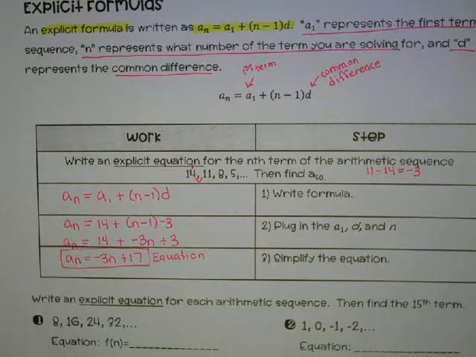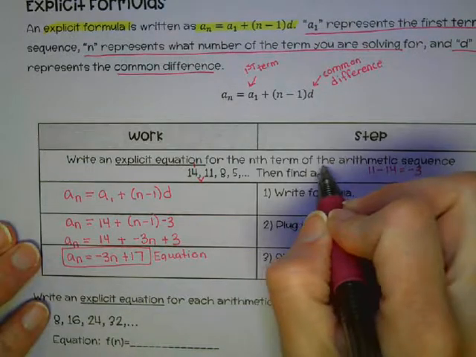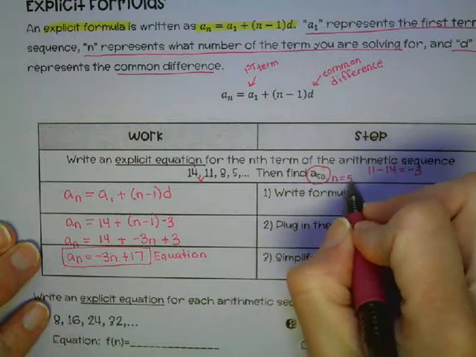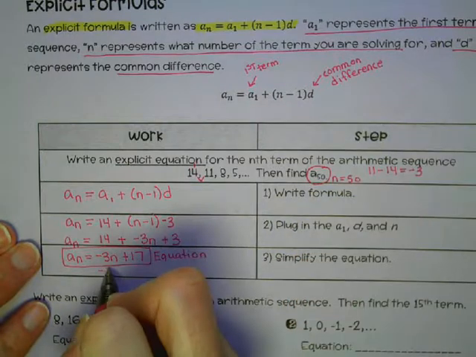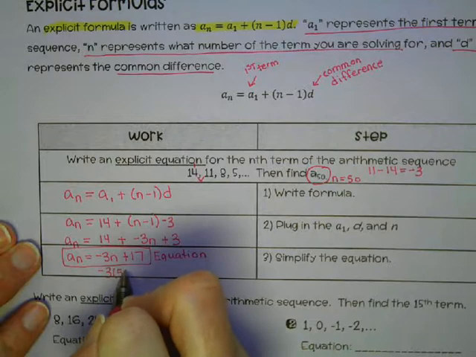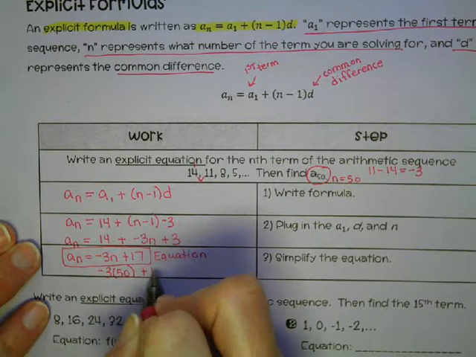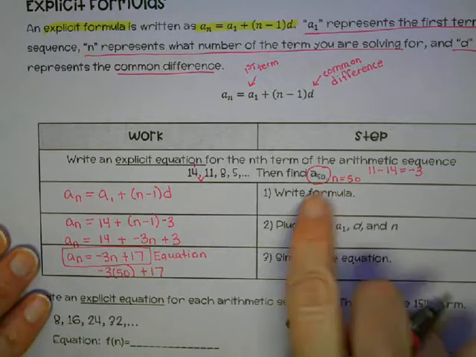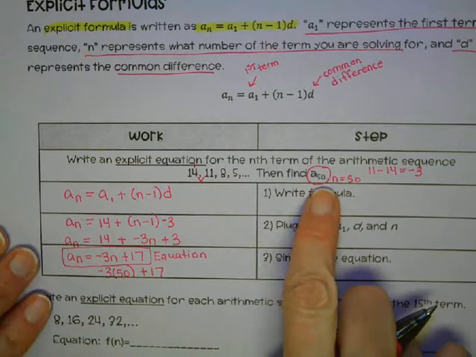The last thing we need to do is find the 50th term. So a 50 means let n equal 50. So negative 3 times 50 plus 17. We did that in function notation in like day 3 of last chapter, where they give us a number like 50 and you had to plug it in to find the answer.